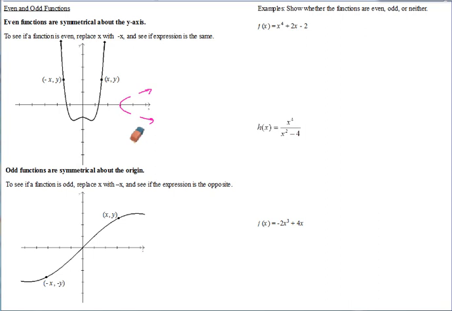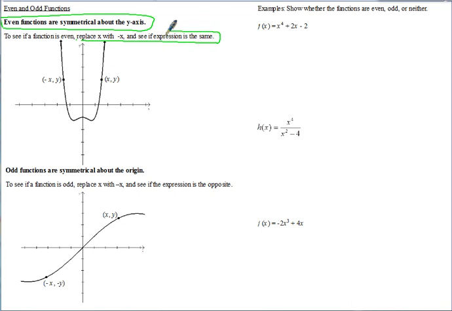All right, now that we've dealt with that, let's take a look at these two here. So even functions are symmetrical about the y-axis. To see if a function is even, you replace x with negative x and see if the expression is the same.